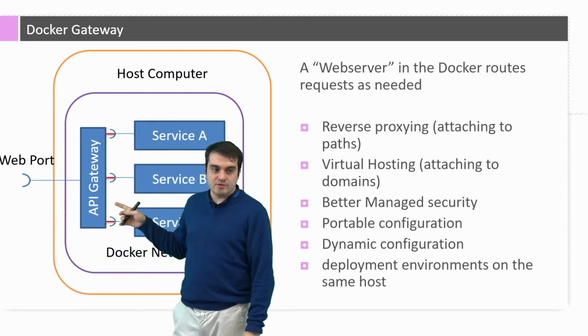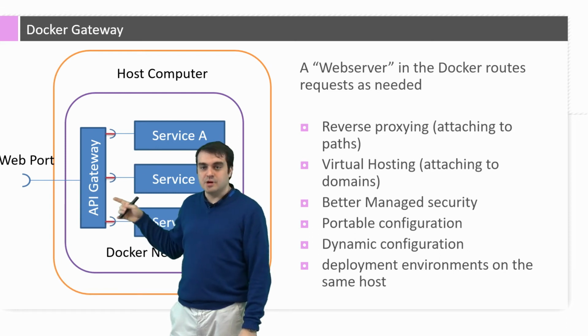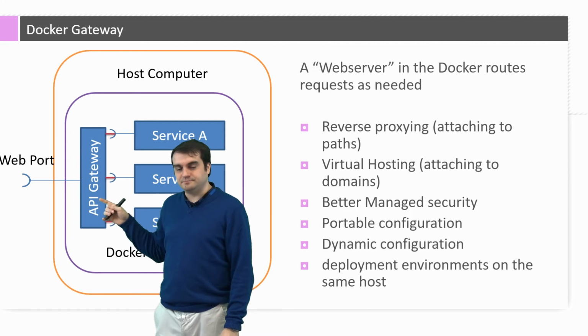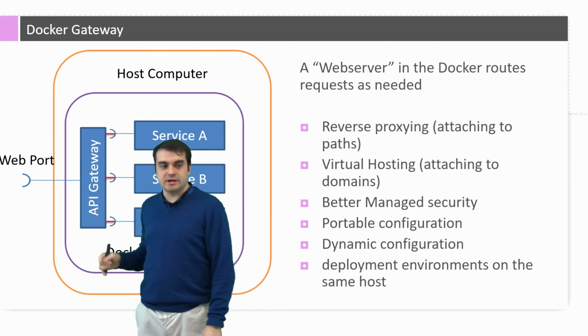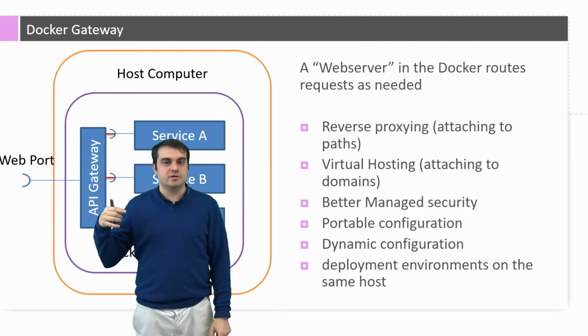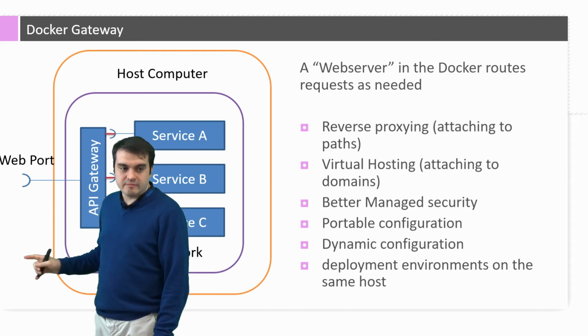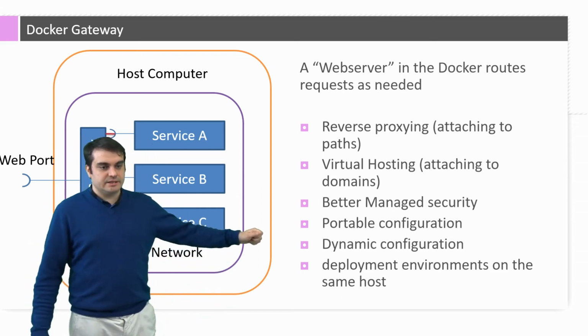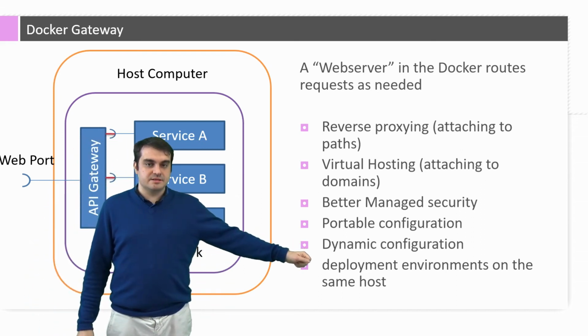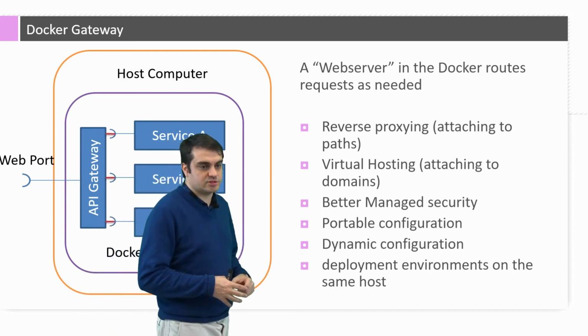In most cases we can deploy, and we have seen such how to connect containers with the Docker engine. So in this case the container can subscribe or can react to changes in the Docker environment. And then we can set up dynamic environments in the same host.